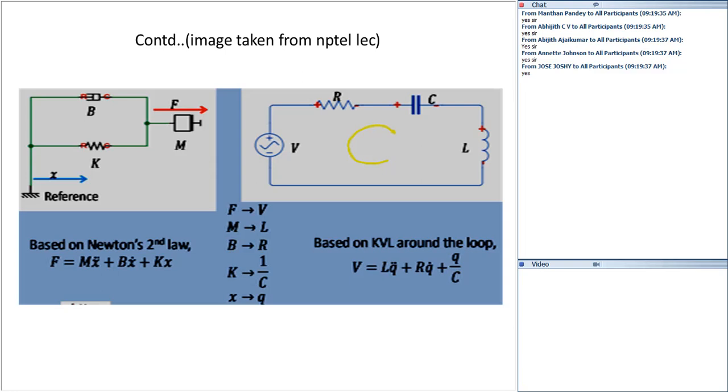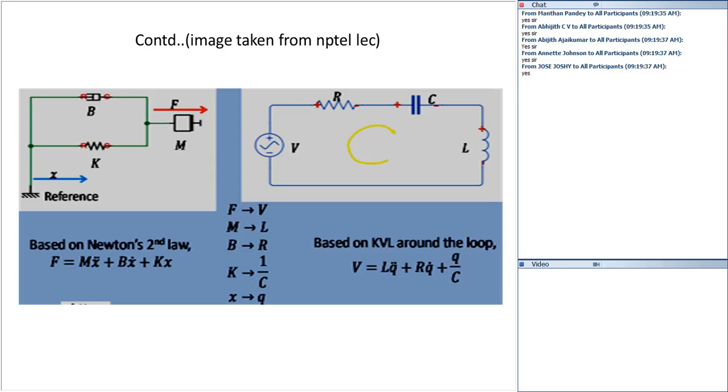But in olden days, when computers were not in place, when electronic realization through electronic components was easy, what they do is they work on the analogous electrical system. They will develop an analogous electrical system for a given mechanical system, because the nature is the same.